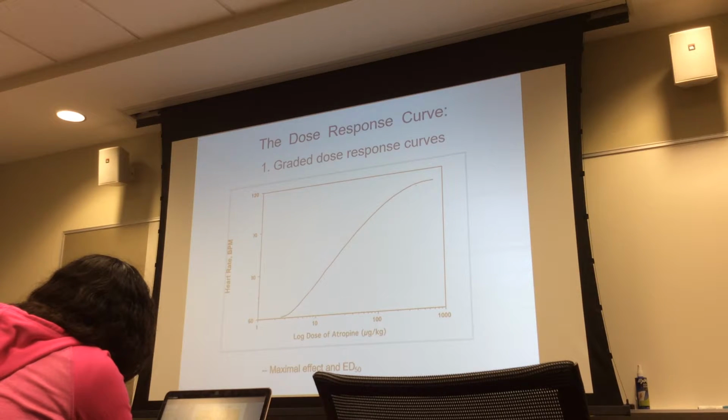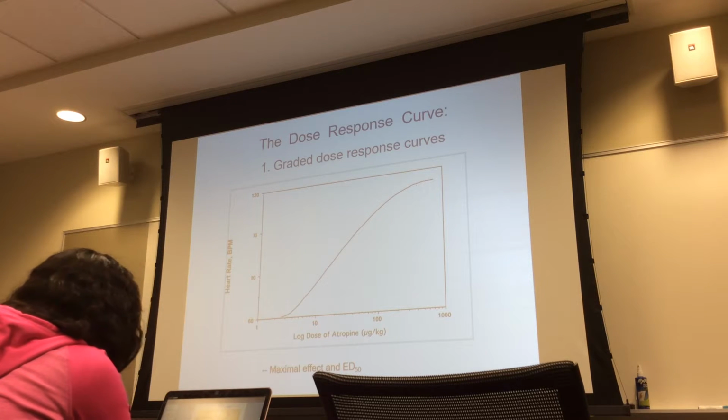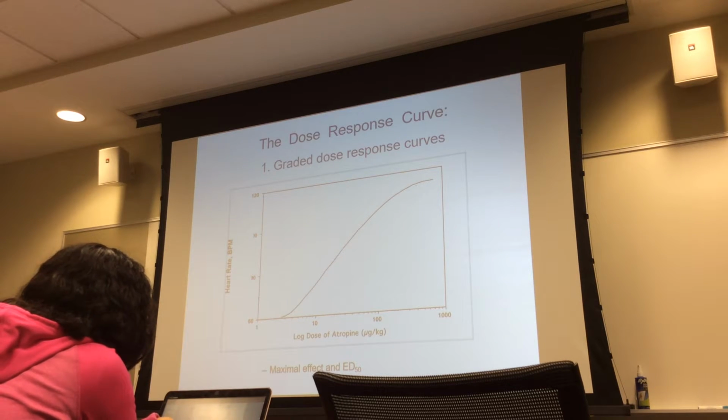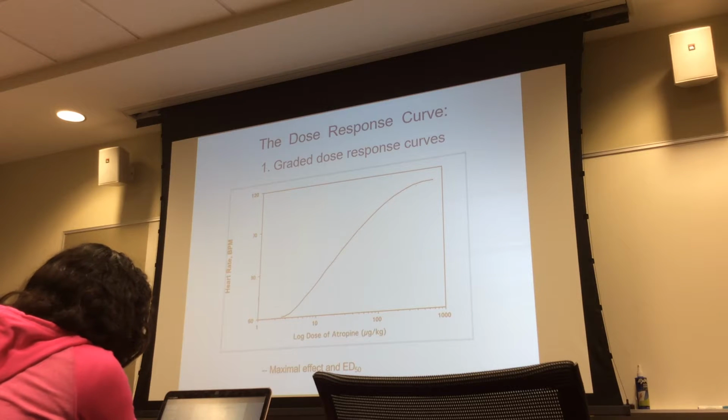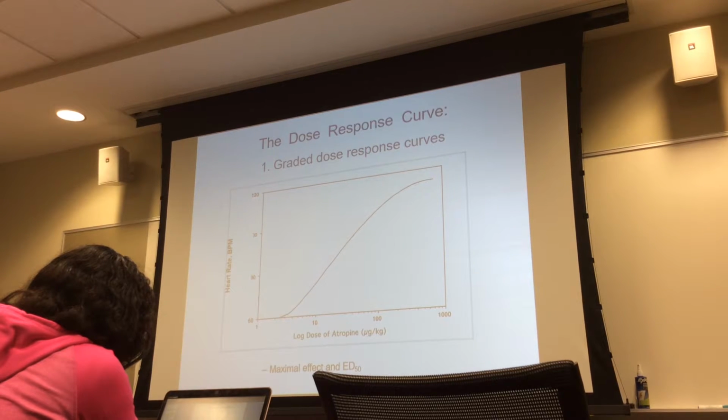Okay, another concept related to receptor drug binding is the kind of graphs you have for dose response curves. You have one of two graphs. Either it's a graded response: the more drug you add, the more response you get, which in this case is an increase in heart rate, or heartbeats per minute.